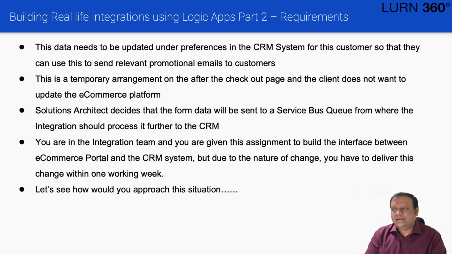Now this data needs to be updated under marketing preferences in their CRM system, right? Every CRM system has multiple fields, multiple details about their customers, and this is one of the standard fields where the CRM would store the interests of the customer, what this particular customer is more interested in, and whether the customer would want to receive any promotional emails or not.